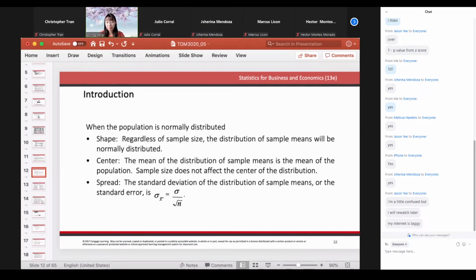Other questions? So the key is to understand that we are not looking at the raw numbers. We are looking at the sample mean.